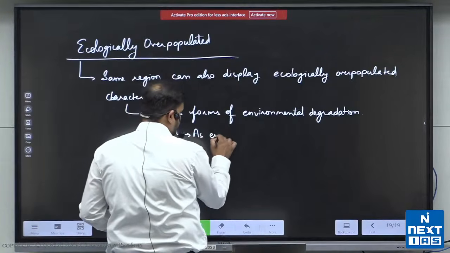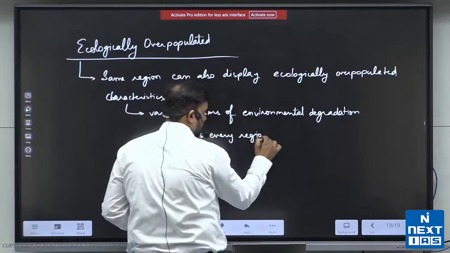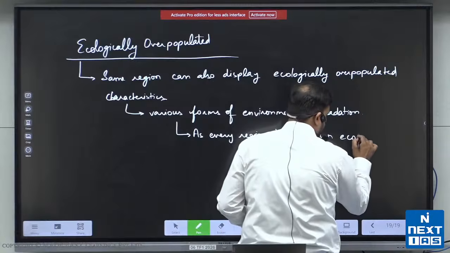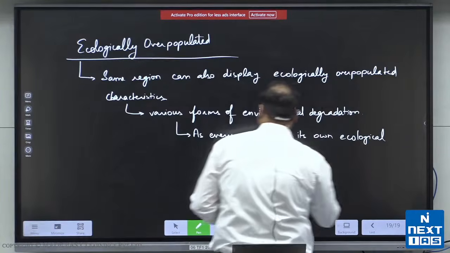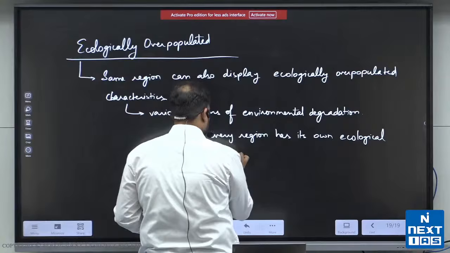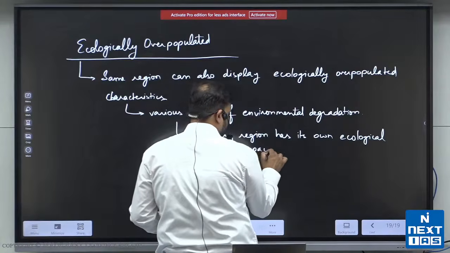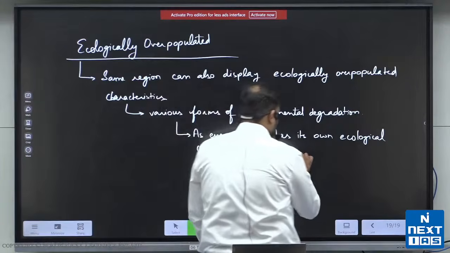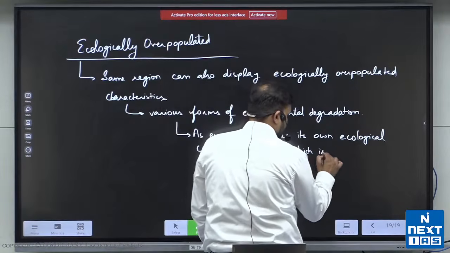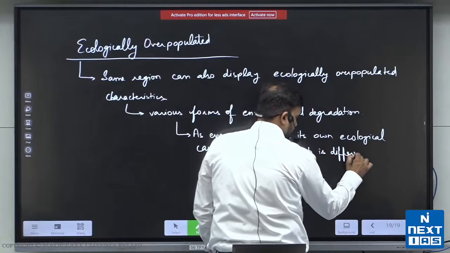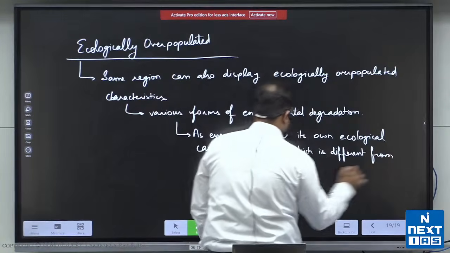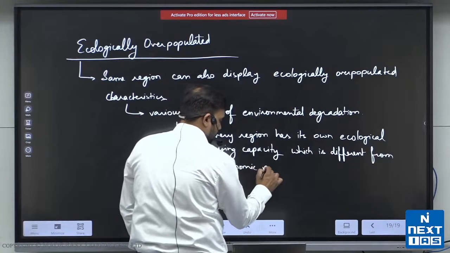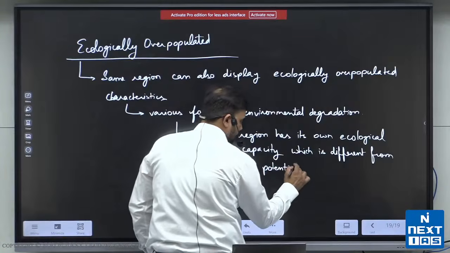As every region has its own ecological carrying capacity, which is different from its economic potential.